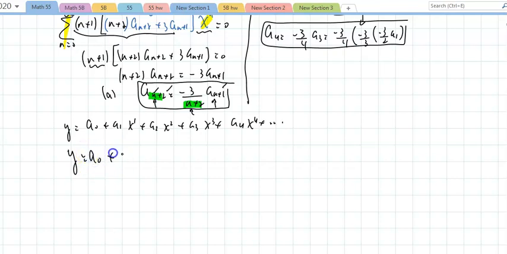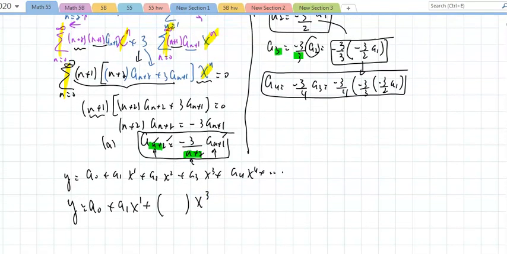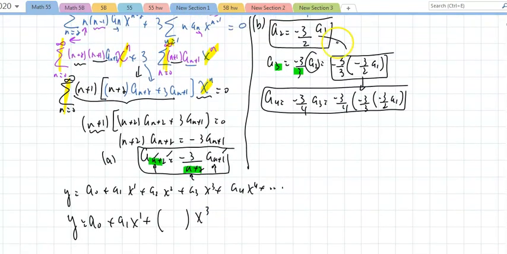A sub 0. We got a sub 1. We couldn't get that. But a sub 2 we got to be what? A sub 2 is right there. We got it to be negative 3 over 2 a sub 1 times x squared.